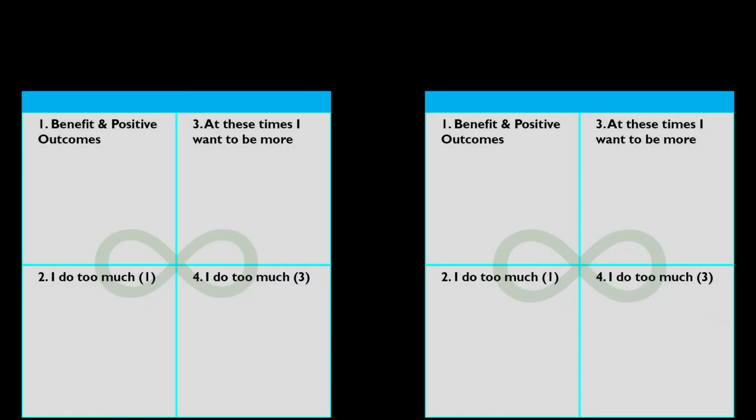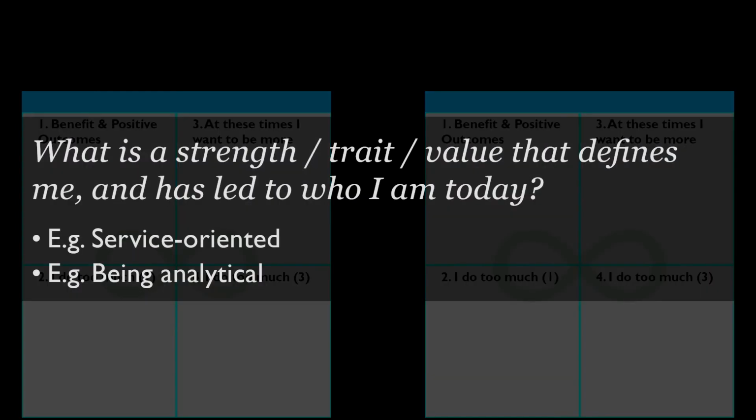So let's go through a couple of examples. Take the strength, trait or value that you have come up with from your own personality and work in parallel with the examples that we have here. What is a strength, trait or value that defines me and has led me to who I am today? Two examples in answering this question. One is being service-oriented and the other is being analytical.